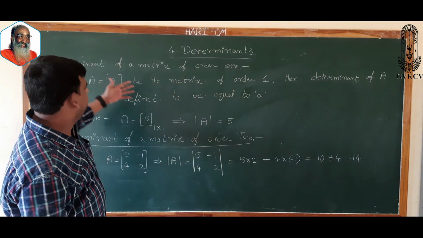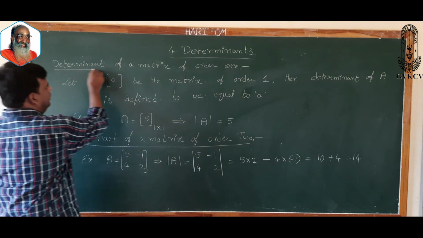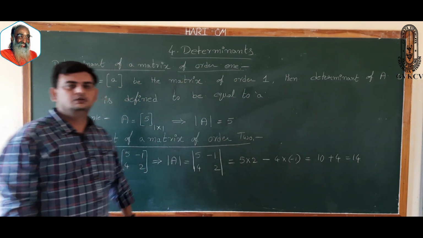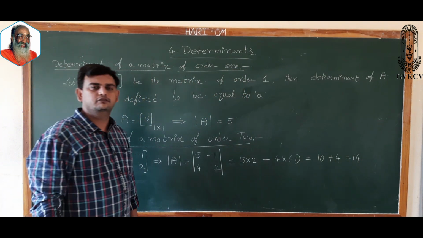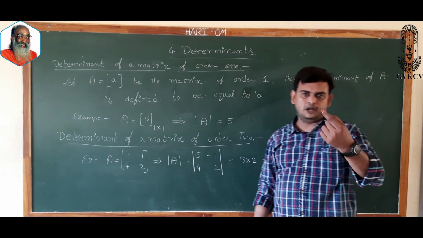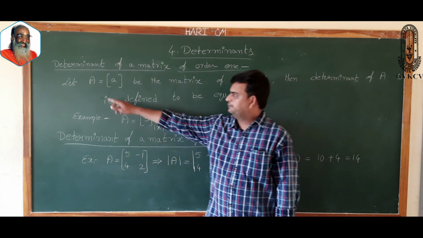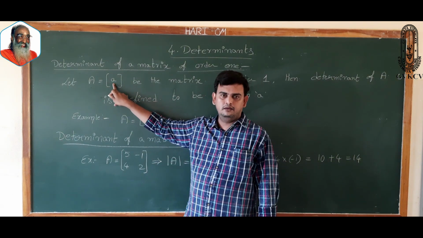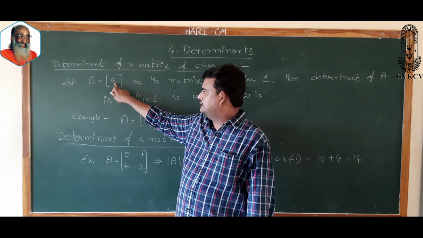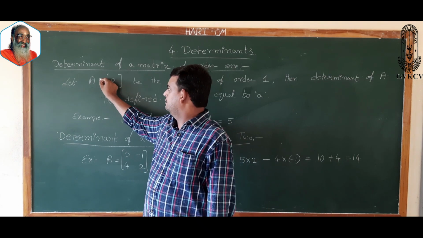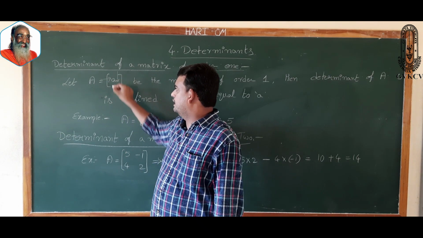Let us see here, finding the determinant of a matrix of order 1. Order 1 means it has only one row and one column, so we have only one element. For example, let A be the matrix with the single element a. It represents a matrix with one row and one column.